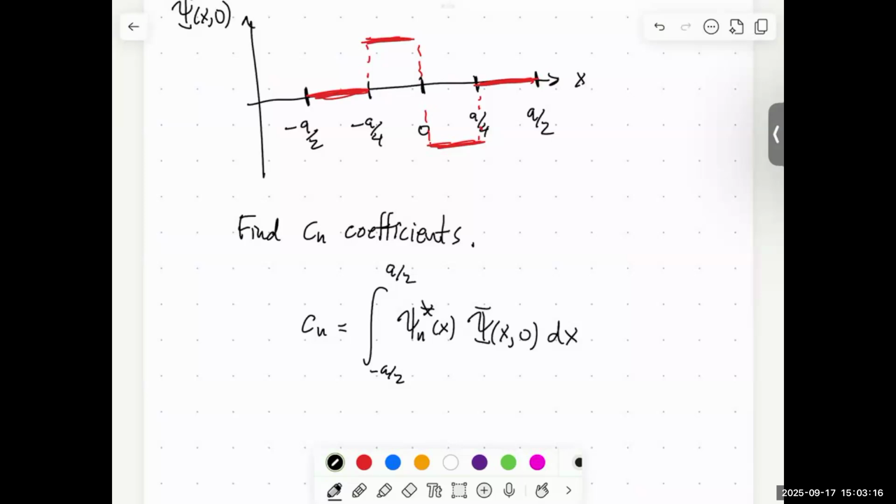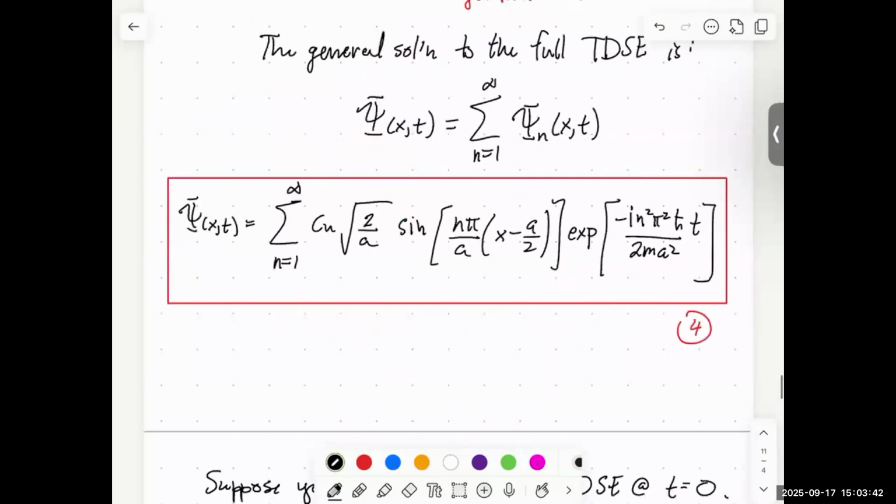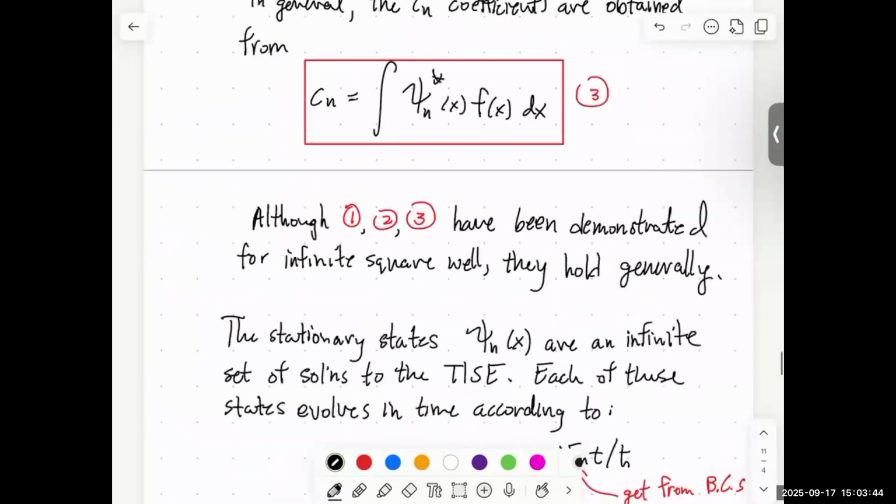But our initial wave function is just piecewise smooth, so we have to break this integral up into parts. In fact, we don't care about minus a by 2 to minus a by 4 and a by 4 to a by 2, because there the wave function was 0. So what we have to do is look, where's our wave function? Where's little psi?